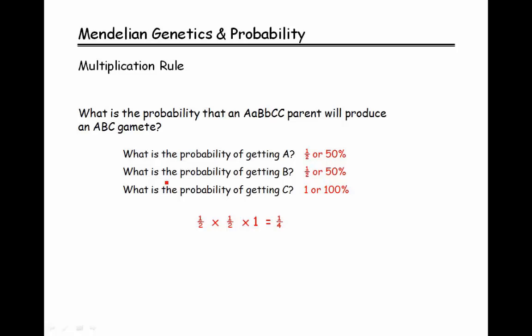Half the time we're going to pass on the big B. And then for the C's, we only have capital C, so 1 or 100% of the time we're going to be passing on the capital C. So as independent events, we can take these probabilities, we can multiply them with each other, and in this case, we would get an overall probability of 1/4. So that would be the probability that that parent is going to produce that particular gamete.